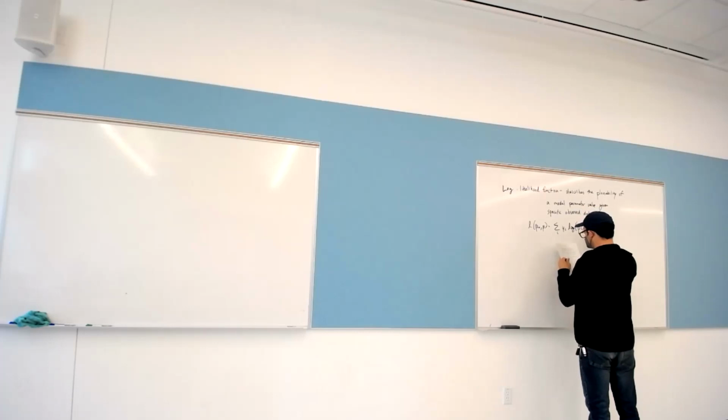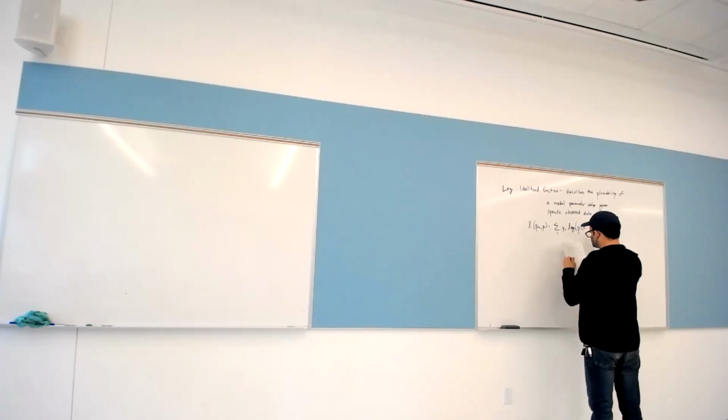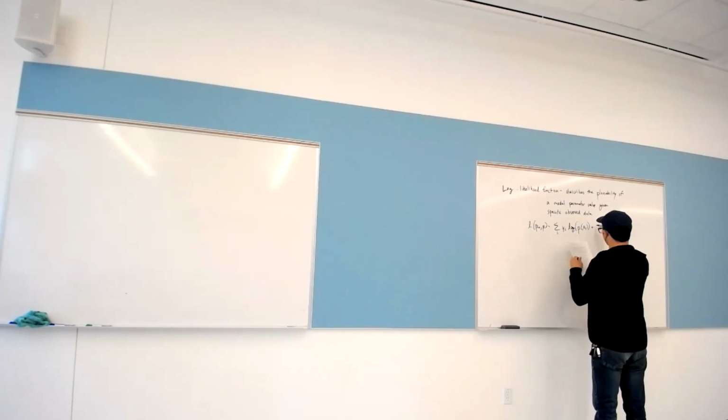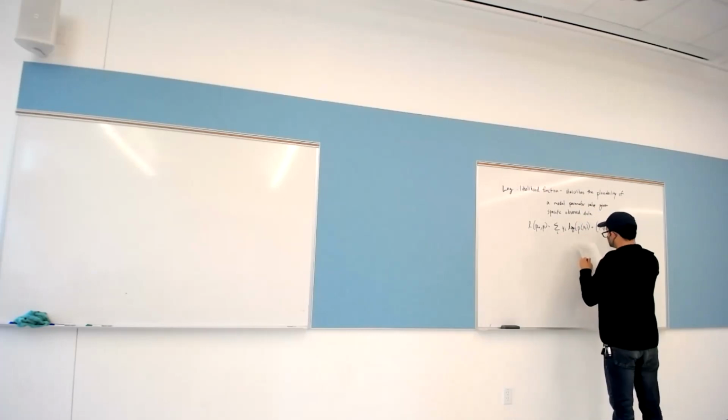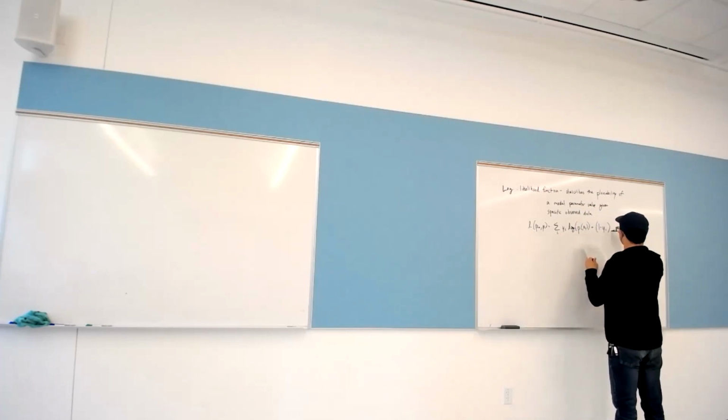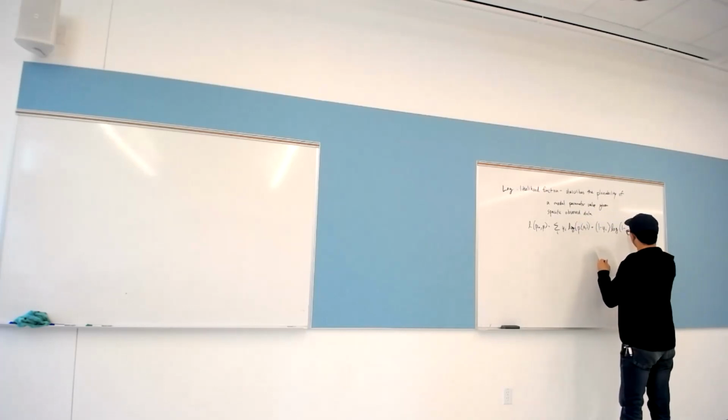The log of P of x_i plus 1 minus y_i times the log of 1 minus p_i.